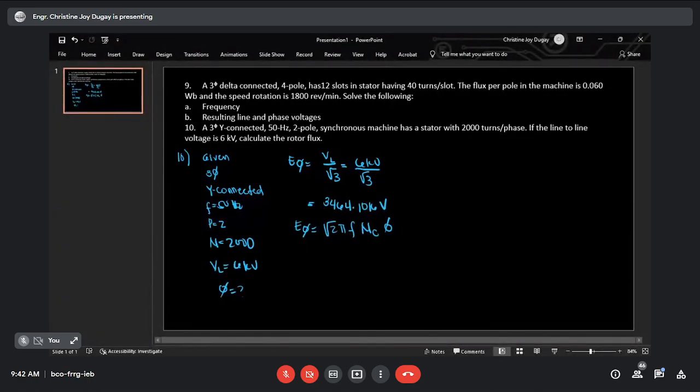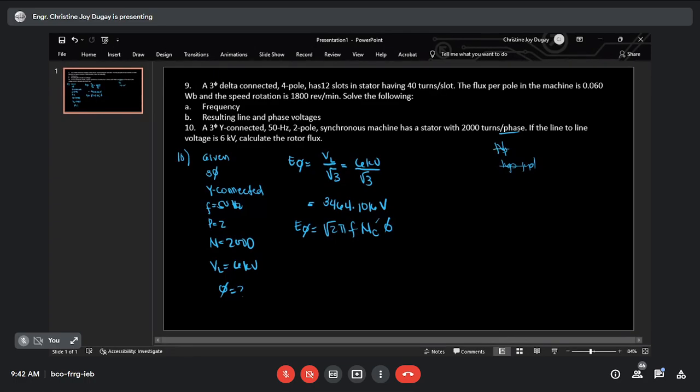So since meron naman na tayong NC, no? Turns per phase. Kung mapapansin ninyo dito, sinabi niyang per phase, pero yung tinuro niya dun sa libro nung last, naka-per phase tayo should be NP, wherein KPKD ang gagamitin dito. Pero dito, pwede niyong gagamitin since wala naman tayong KP at saka si KD, binigay naman na ang turns per phase natin.